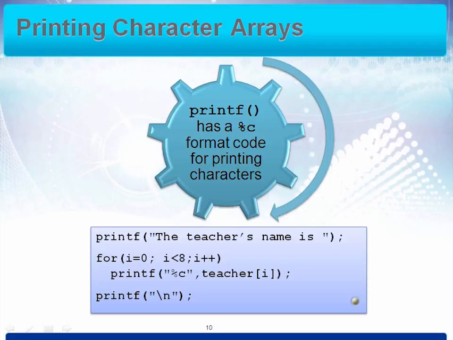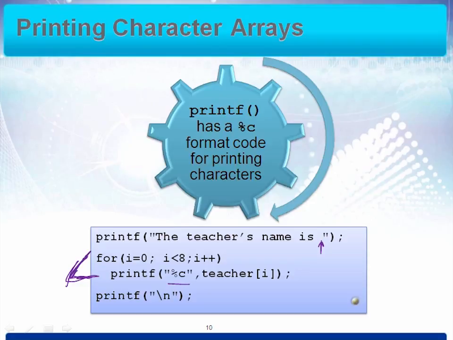All right, so we've already initialized teacher on the previous slide. Now we're printing the teacher's name is, and this ending space right here, because we're going to enter the for loop. All the for loop is going to do here is print off just the character, all 8 of them.